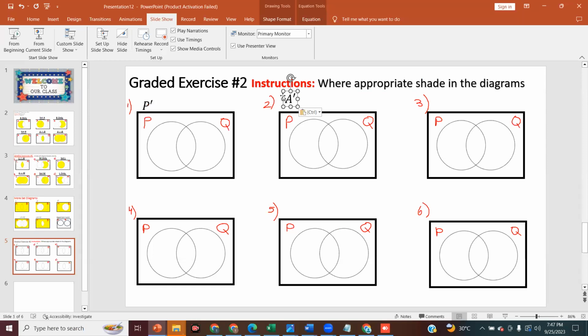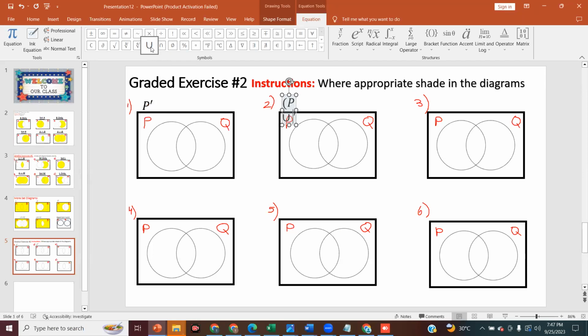For the second one, I want you to shade in P union Q complement.